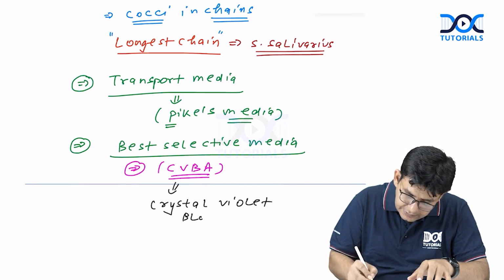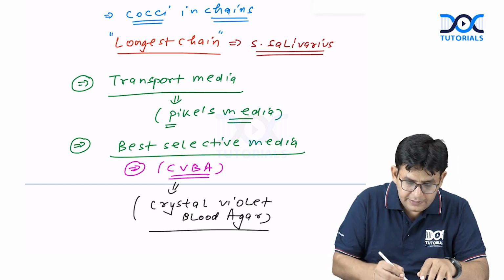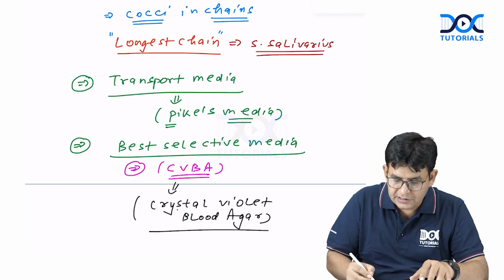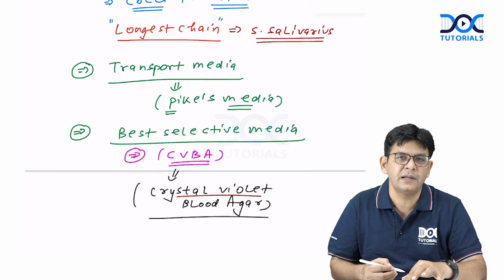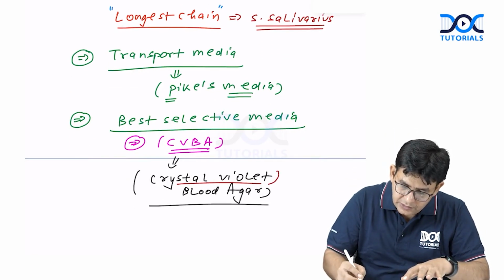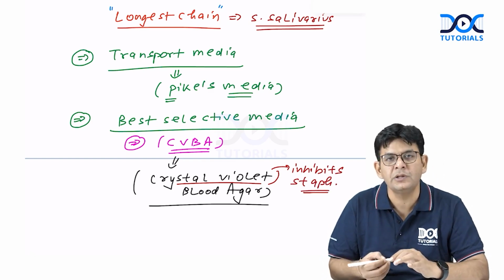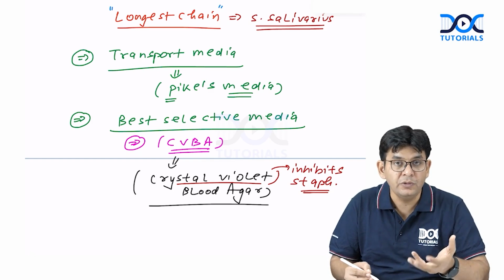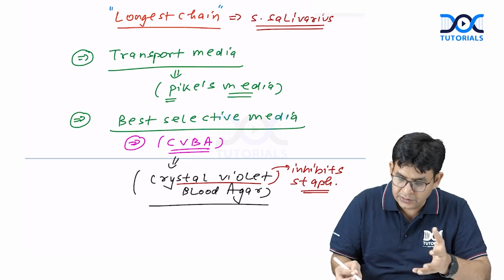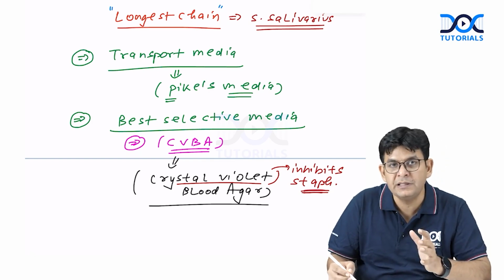It is crystal violet blood agar. And why do we say that crystal violet is to be used in this blood agar? Because crystal violet inhibits the staph. It does not allow the staphylococcus to grow. And because we want to grow streptococcus, we need to inhibit the staph.